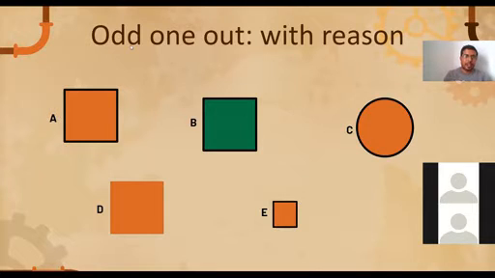Okay. But can you think of why A will be odd one out? A will be odd one out because it has a color and a border, so that's why I think it is slightly bigger than B. Okay.